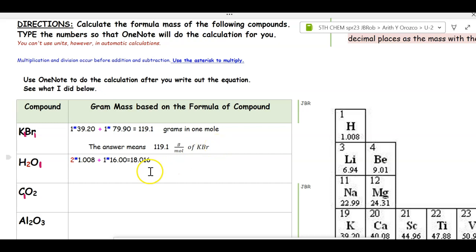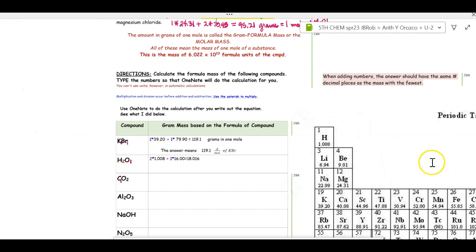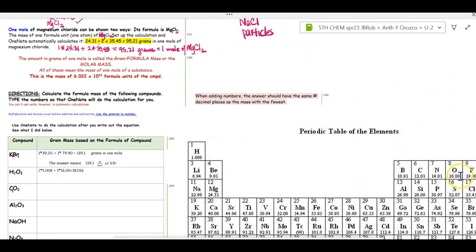All right, so if we have the formula, it's easy to get a gram formula mass by simply adding up the elements. How many do we have of each kind? So here we have water, a covalent compound. We have 2 hydrogen atoms, so 2 times 1.008, see how from the periodic table, plus 1 oxygen atom, so 1 times, let's go over and look, oxygen 16.00.